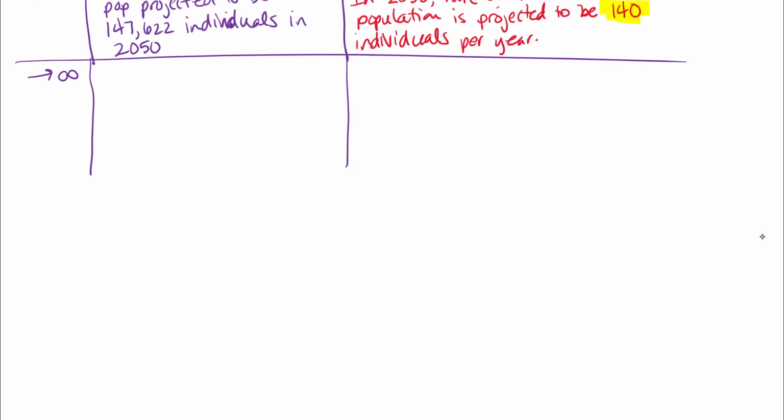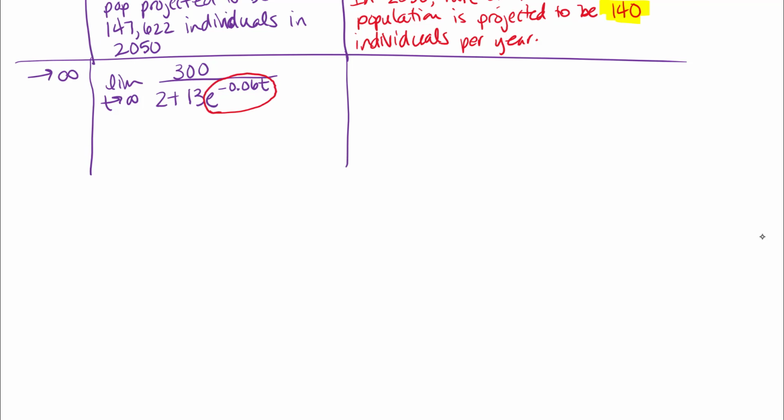For p of t, let's go down here and look at this function. We're going to think about the limit as t approaches infinity of our original population function. I'm going to write it like it was originally given in the problem, 300 over 2 plus 13e to the negative 0.06t. And I'm going to think about what happens when t gets large. When t gets really large, this is an exponential decay function.